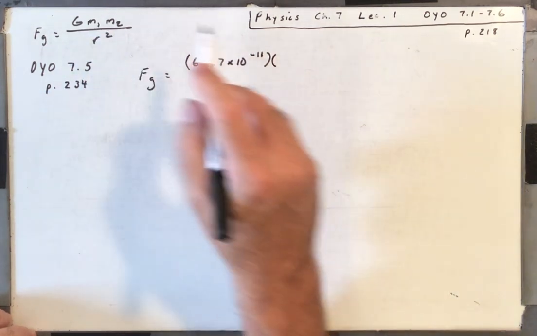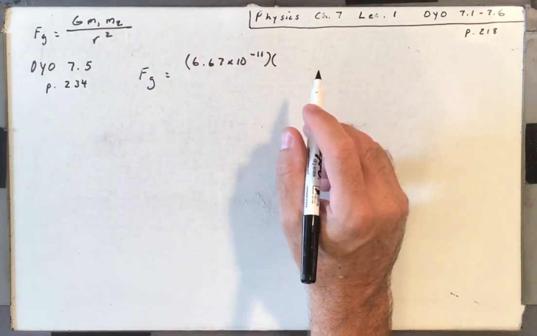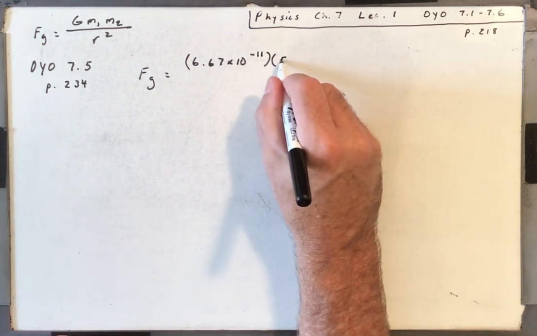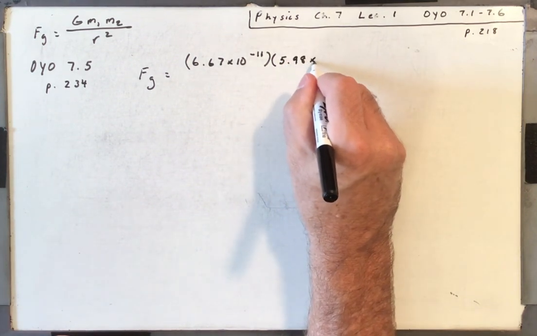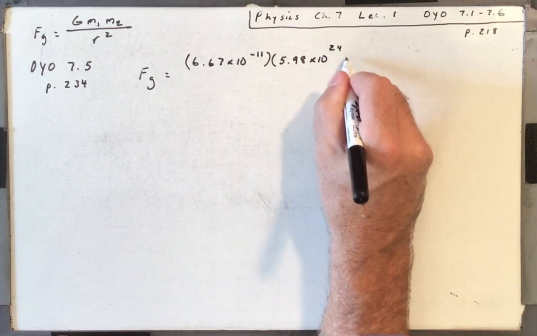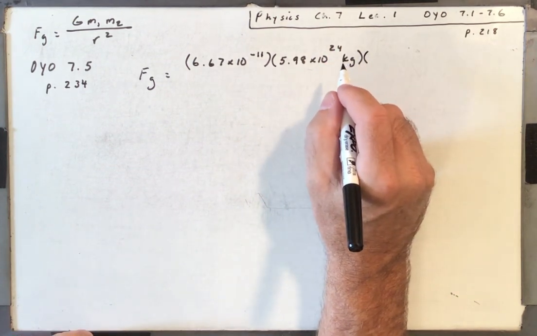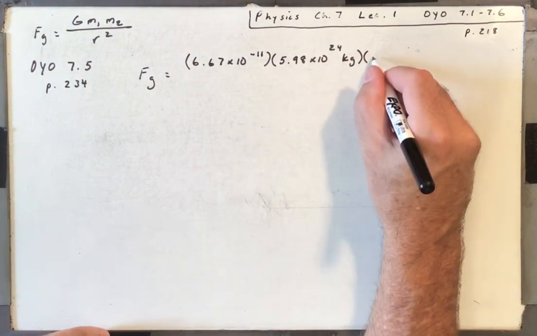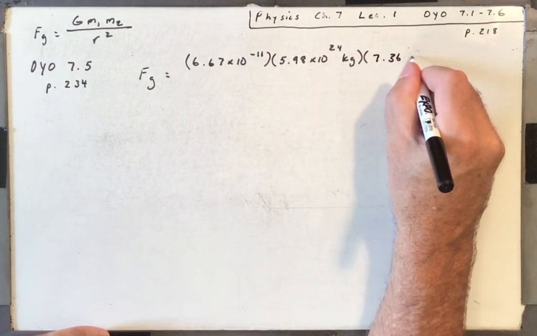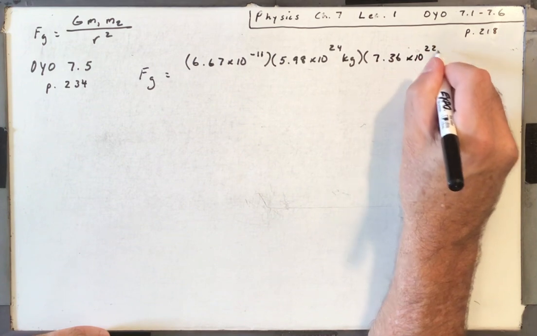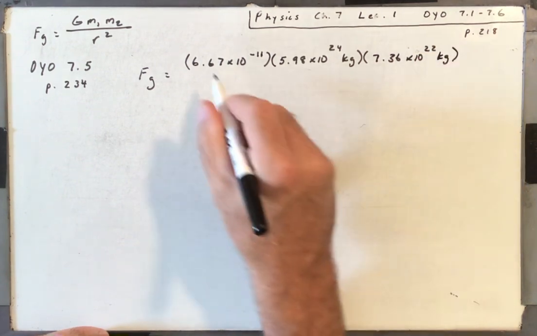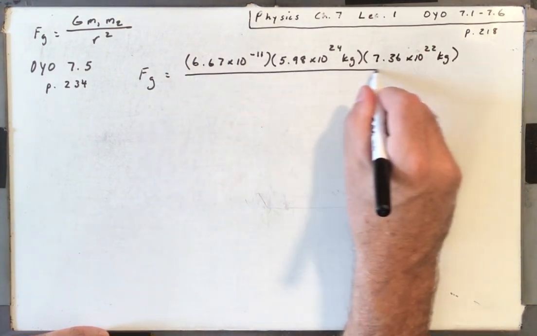The mass 1, let's say that's the mass of the earth, which is 5.98 times 10 to the 24th kilograms. The mass of the moon, 7.36 times 10 to the 22nd kilograms, over the radius squared.